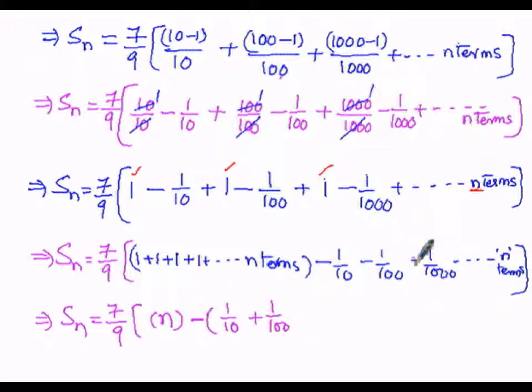So the minus sign becomes plus, that is 1 by 1000 plus and so on, there are n terms in it. Then the next logical step: we can check here minus of 1 by 10, then minus of plus is minus, that is 1 by 100, minus of plus is again minus, that is 1 by 1000, and similarly so on up to n terms.